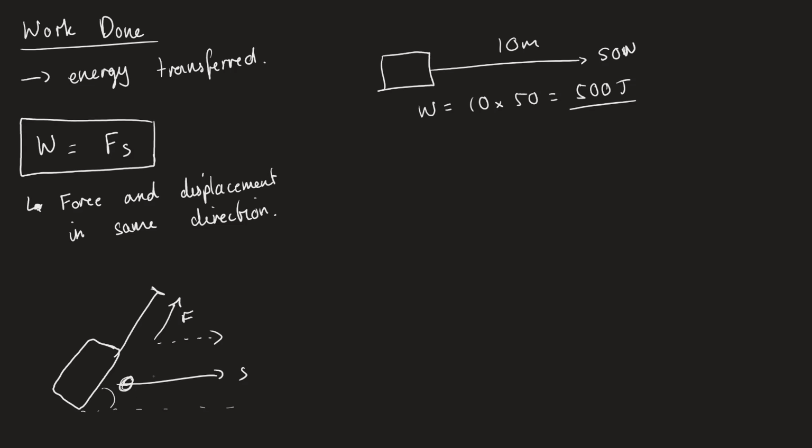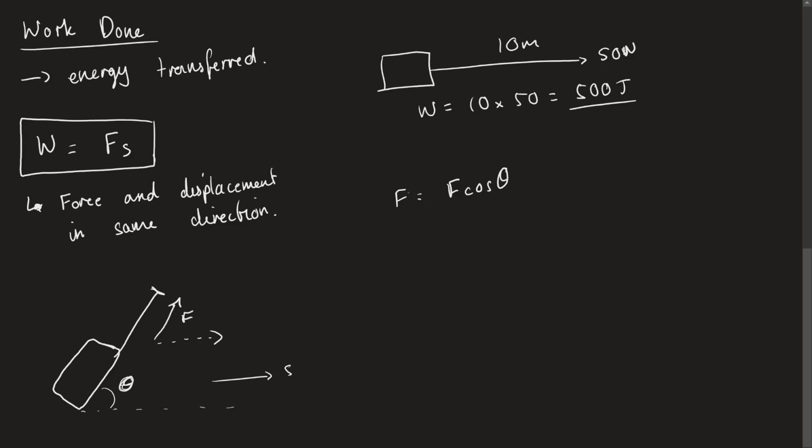It's going to move in this direction, S. But this angle theta means that if I then wanted to resolve for this force, F will be equal to F cos theta, in the direction of S. And I'll leave you to prove that for yourself by practicing your resolving forces.